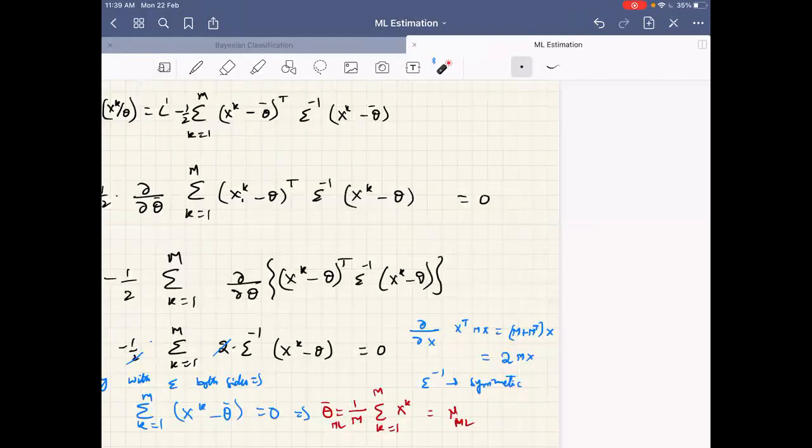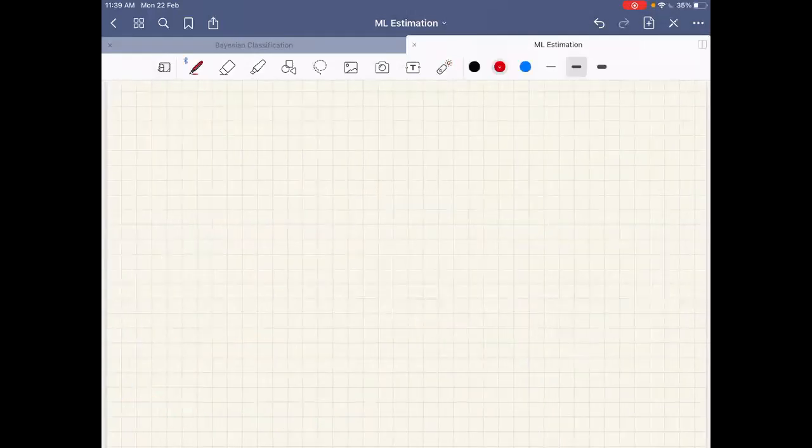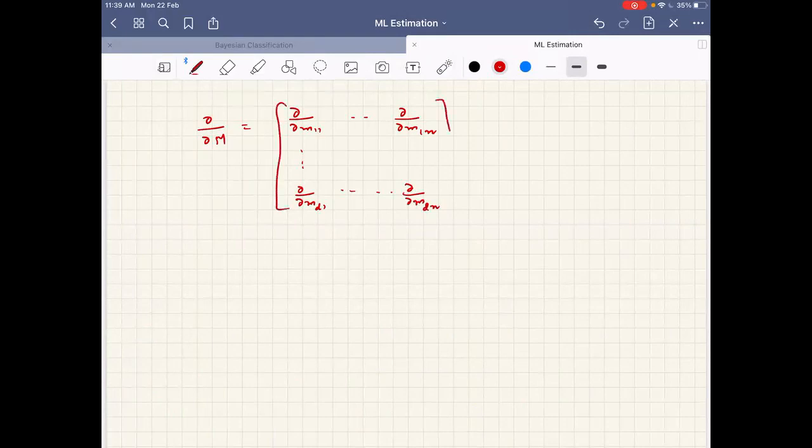One simple check is the definition, if things are quite simple. Scalar to matrix differentiation is easy to define: dou by dou M, if M is a matrix. Dou by dou m11, and then dou by dou m1n, for example, and then dou by dou md1, and then dou by dou mdn.